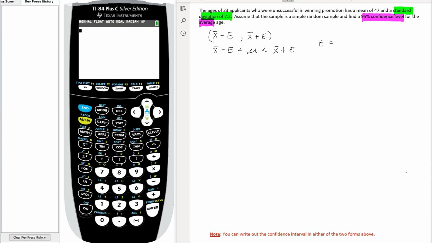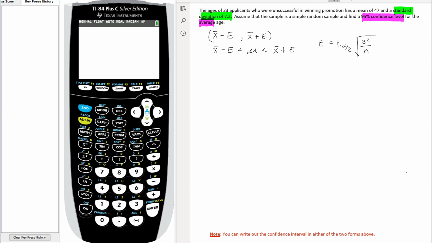So again, if the problem doesn't say "population standard deviation," or if it doesn't say "the standard deviation from the population is 7.2," or "from previous studies or previous research, the standard deviation is 7.2," then this standard deviation is assumed to be sample. So because it's sample standard deviation, the formula we're going to use for the margin of error is t sub alpha over 2 times the square root of s squared over n.